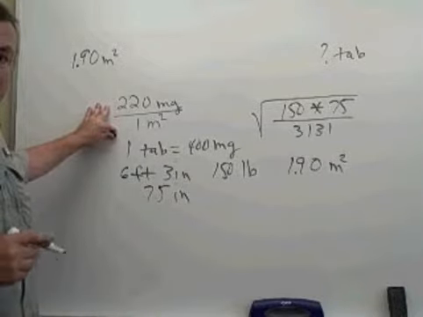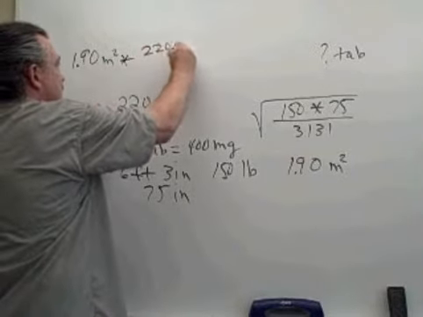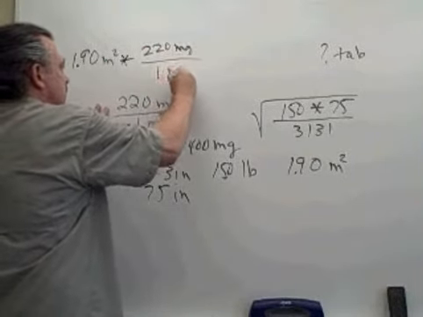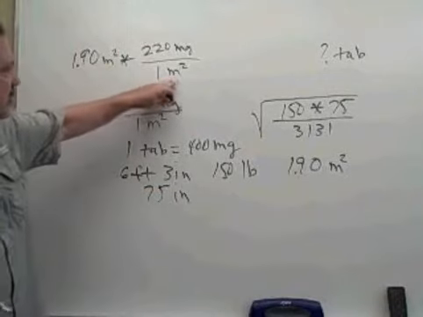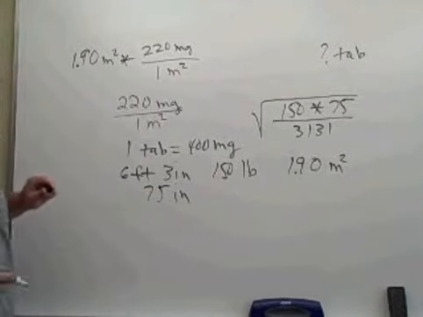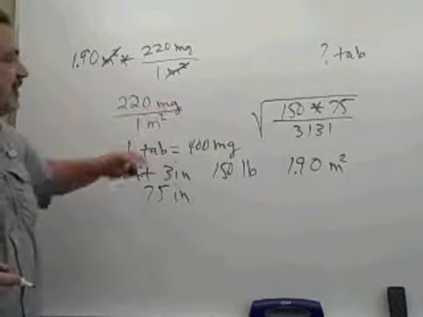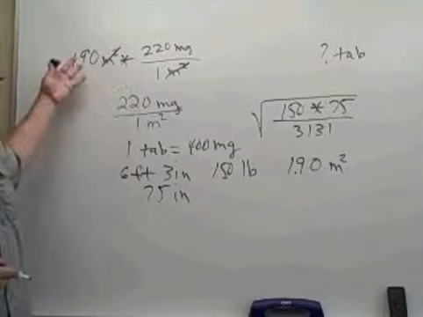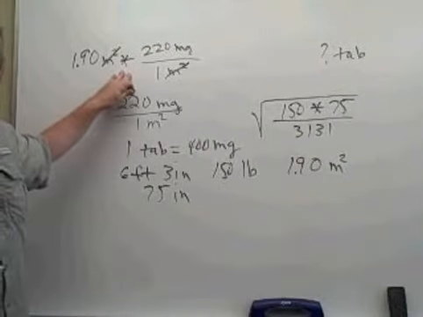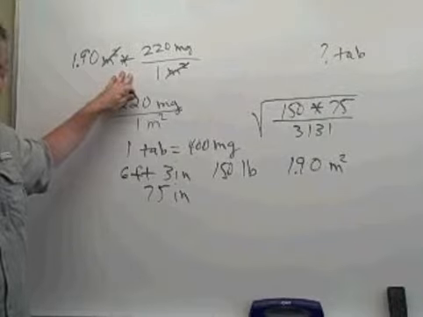Now I put in my rate of administration of the drug. For every square meter of body surface area, the patient is to get 220 milligrams of the drug. So my square meters now cancel. If I just did this arithmetic right here, I would know how many milligrams totally of the drug the patient should receive.